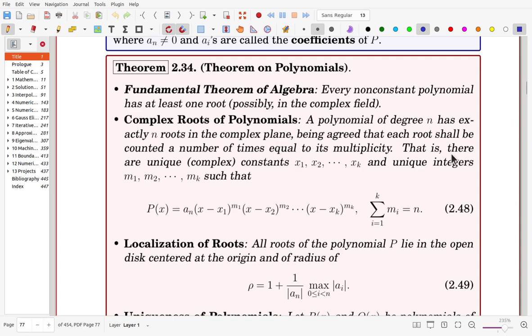That means here there are unique complex constants x1 to xr which are zeros, and unique integers m1 to mk, the multiplicities, such that the polynomial of degree n can be written in this way. So it is a product of linear factors. And of course, the sum of the multiplicities must be n.